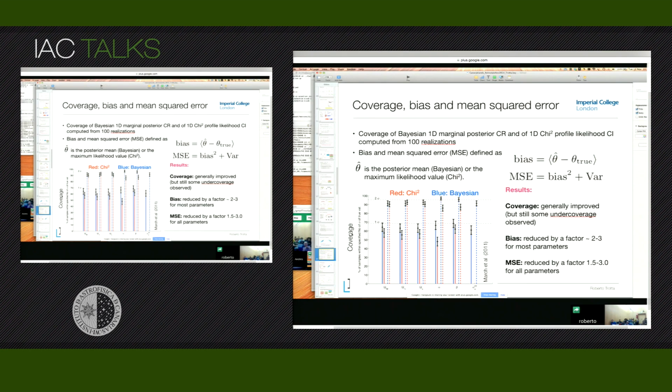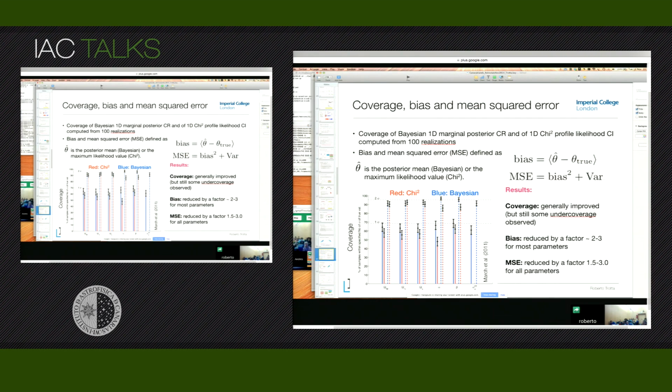What we observed for the various parameters of interest is that the Bayesian approach gives you better coverage, if you care about coverage, not perfect coverage in blue with respect to the chi-square, but better coverage than an alleged frequentist procedure. It reduces bias by a factor of 2 to 3, and it reduces mean square error by a factor of 1.5 to 3 for all parameters.